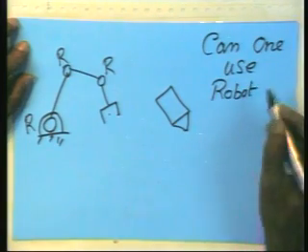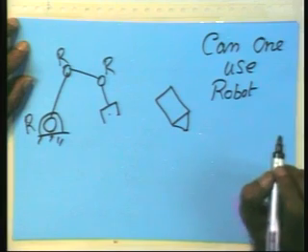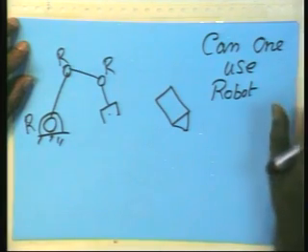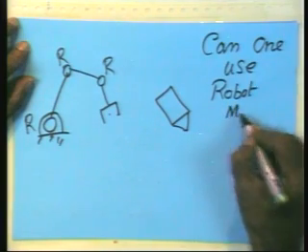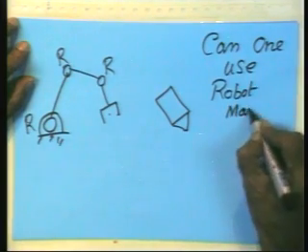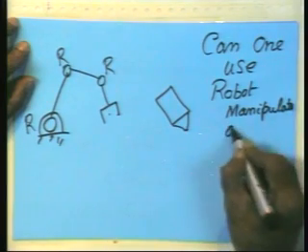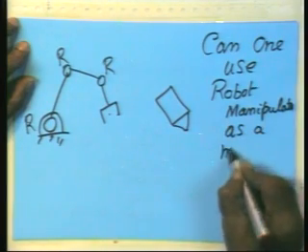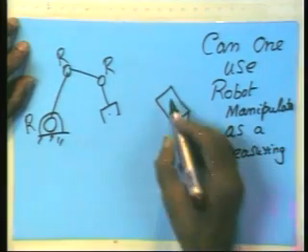I use the word robot manipulator. That's a more appropriate word. Don't call everything a robot. Robotic aircraft, robotic ship, robot manipulator, robot fish, that will be a better usage. Robot manipulator as a measuring device. What do I want to measure? The position and orientation of the object.